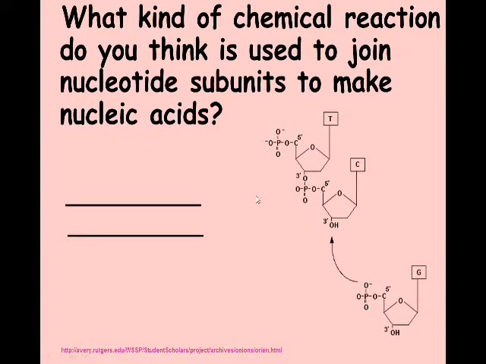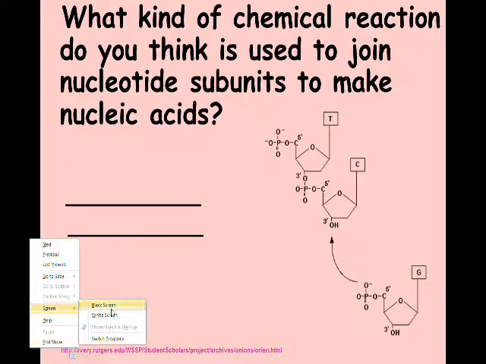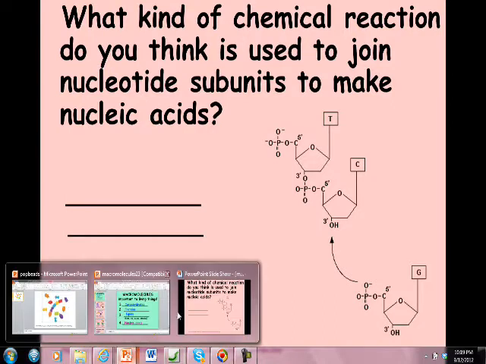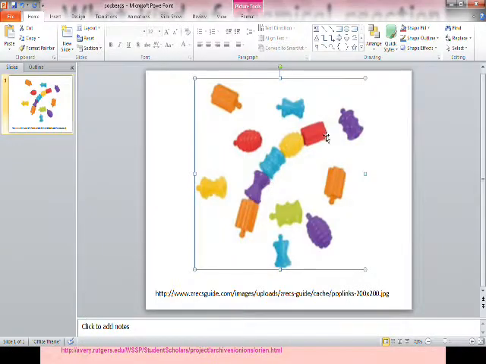Here are those nucleotides. And if I want to join little pieces together, think about what we talked about. Remember in our other slideshows when we talked about joining molecules together, and we compared it to building a pop bead chain. Each of the little pieces can join together to make a bigger chain and make a bigger molecule. We used this reaction to take glucose and make a polysaccharide.